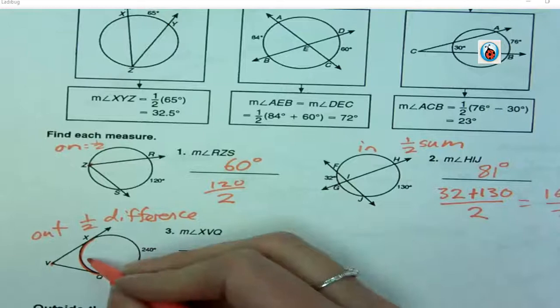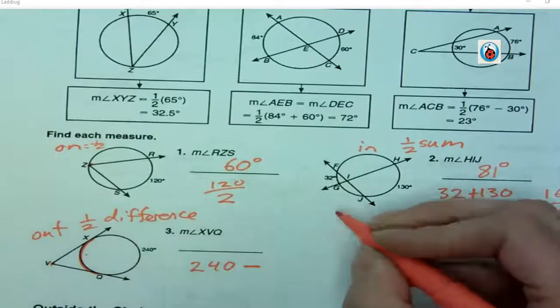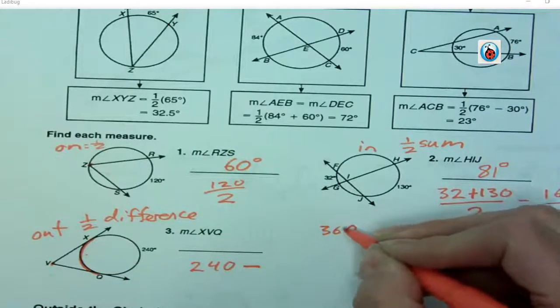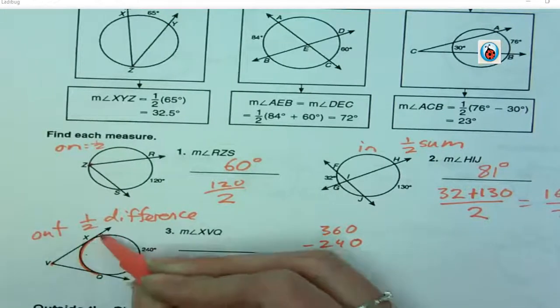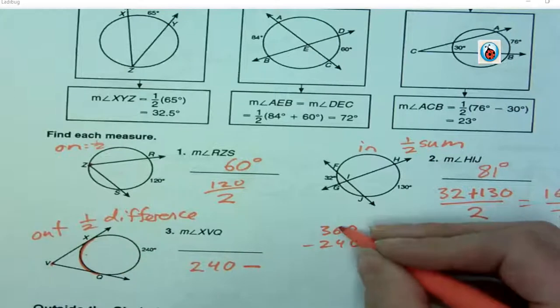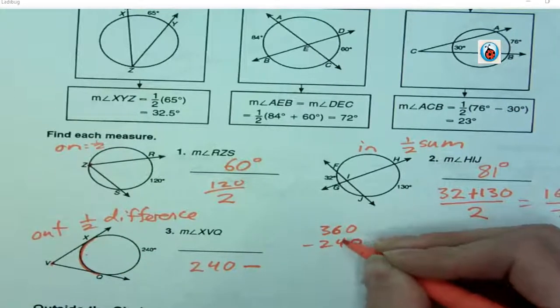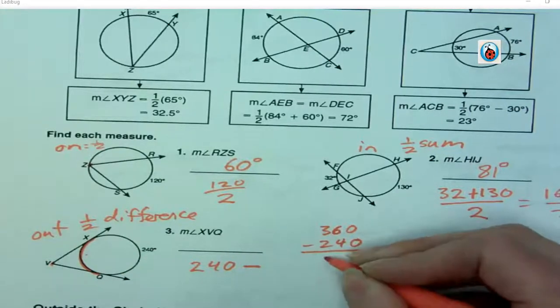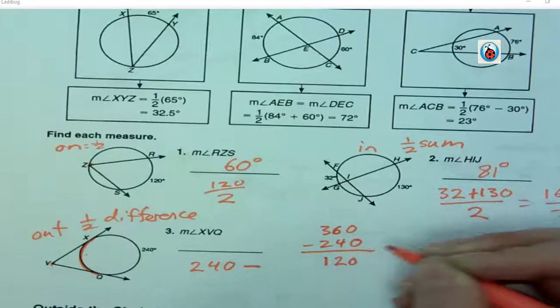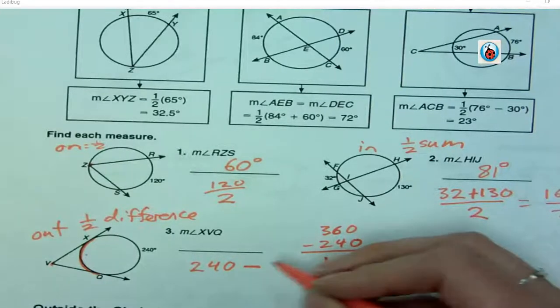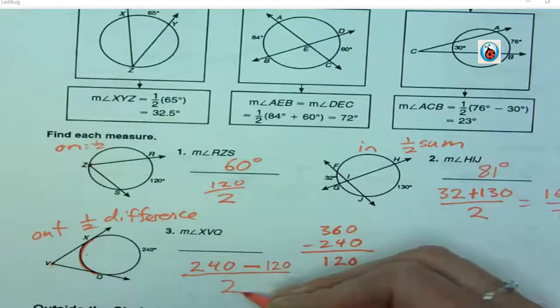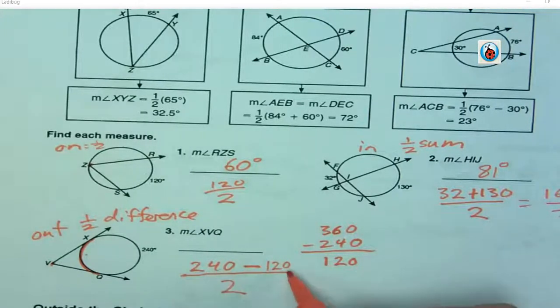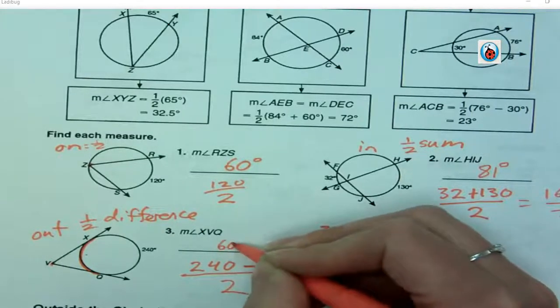So to find the inside arc, we're going to do 360 minus the 240 that we have, because together they have to add up to 360. So 360 minus 240 equals 120. So that means this is 120, and then we divide by 2. So 240 minus 120 divided by 2 comes out to 60 degrees.